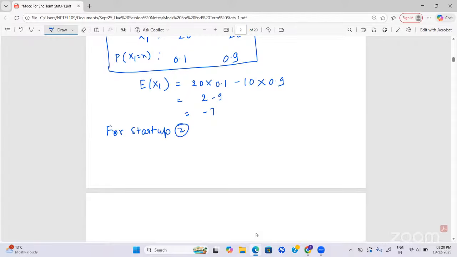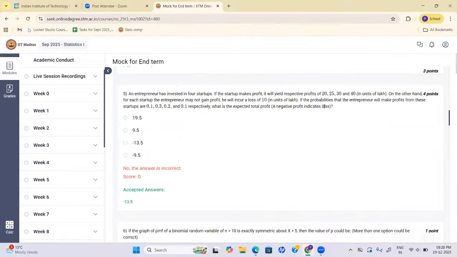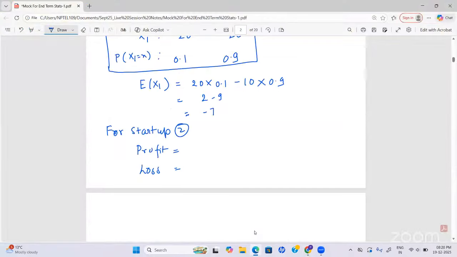For the second startup, the profit is 25 and the probability is 0.3. The loss is 10 and the probability will be 1 minus 0.3, which is 0.7.